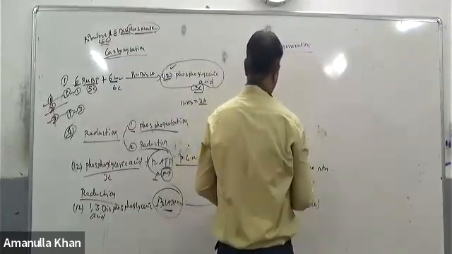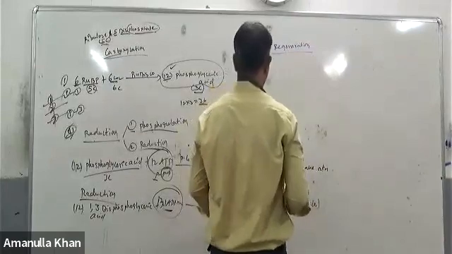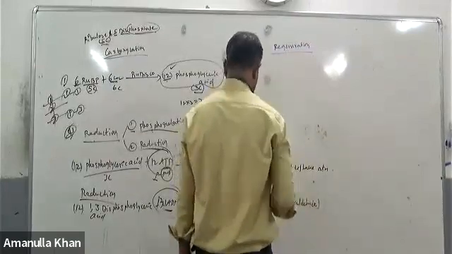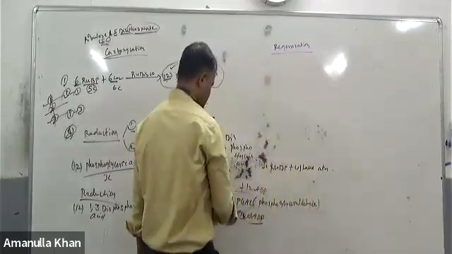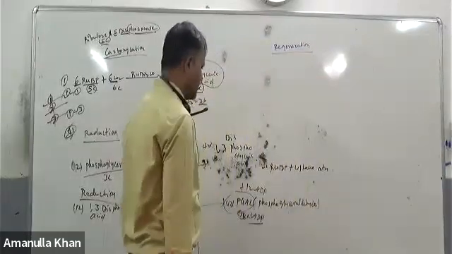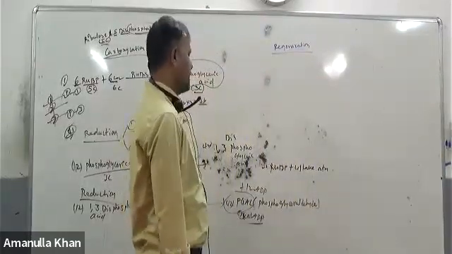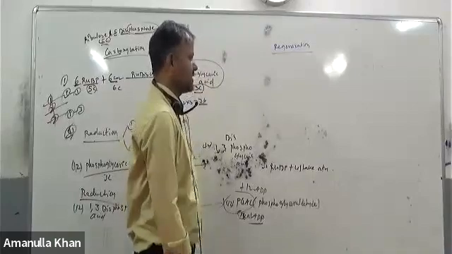Which one is regenerated? RuBP is regenerated. So here these 12 molecules of PGAL, phosphoglyceraldehyde, right? Individually 2 molecules 6 times.